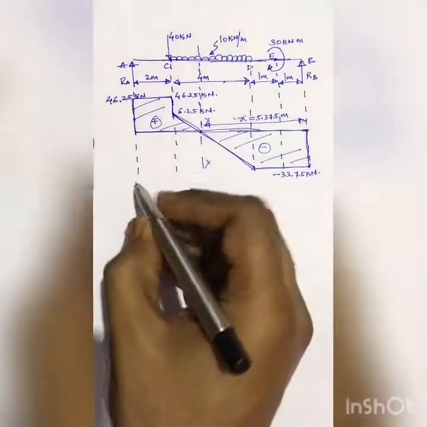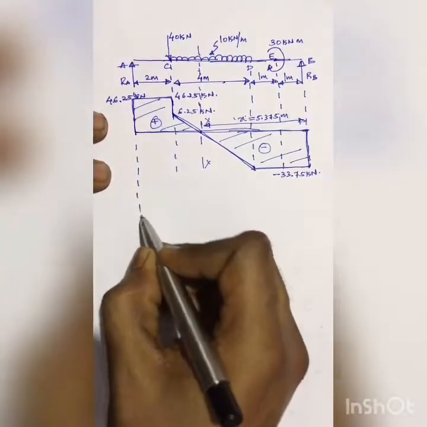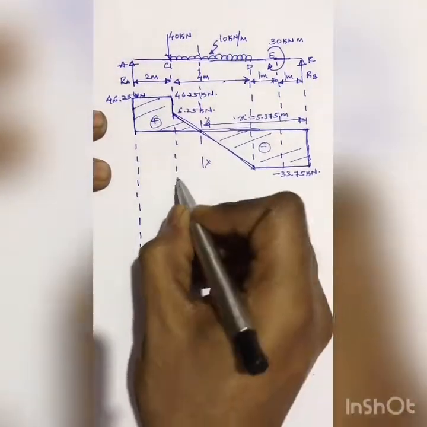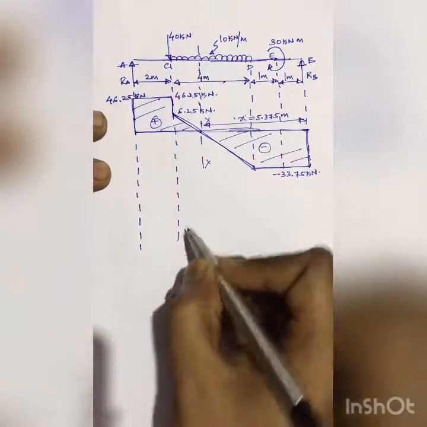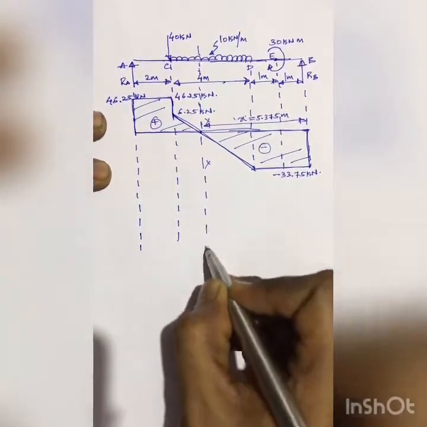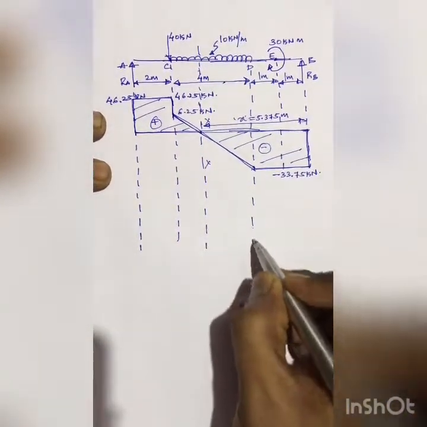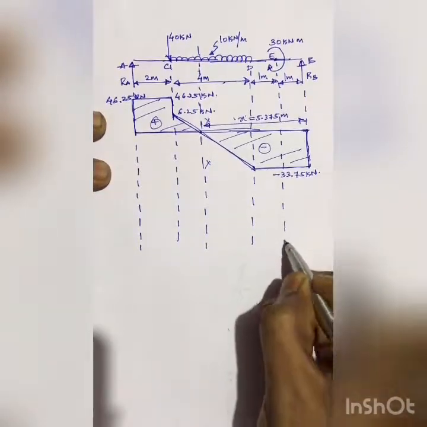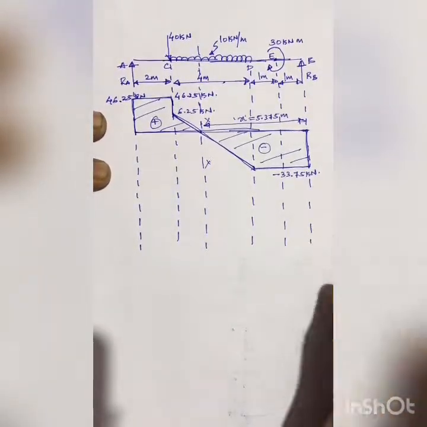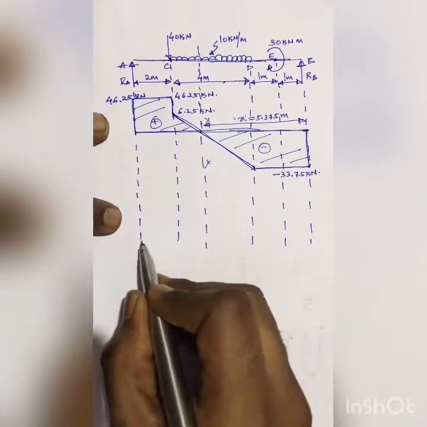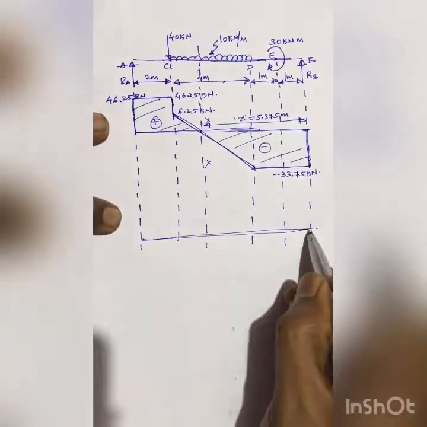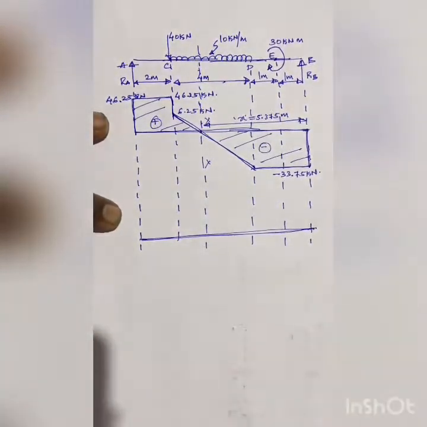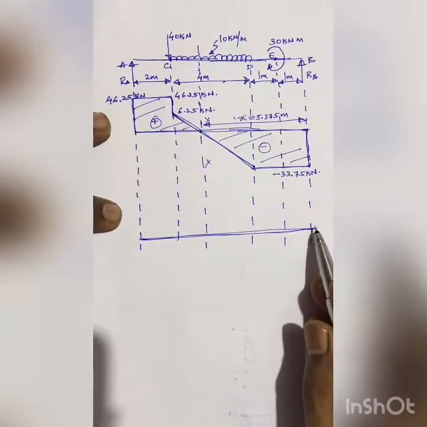I'll again project these lines downwards so that I can draw the bending moment diagram correctly. So what I'll do first, I'll just draw a datum line like this, that is the 0 line. At B the bending moment is 0.